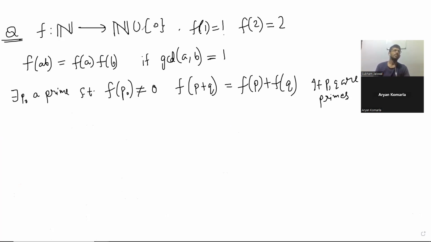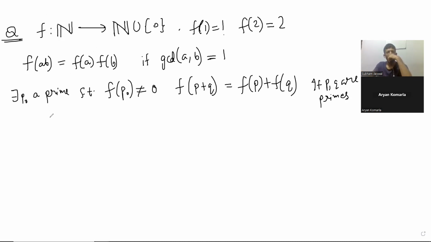What is special about 2 here? The way you showed f of 2 is 2, can you show f of 3 is 3 similarly? I build on top of that.